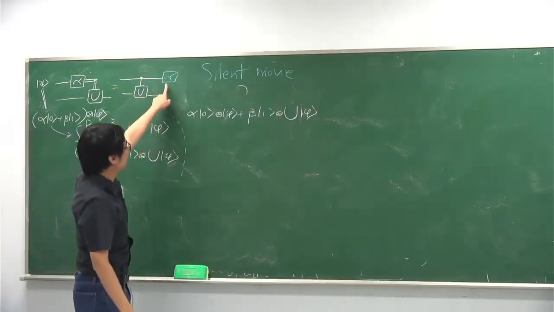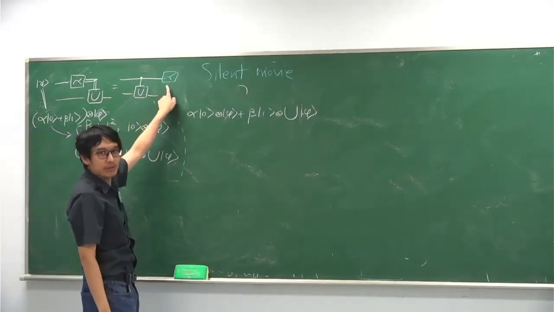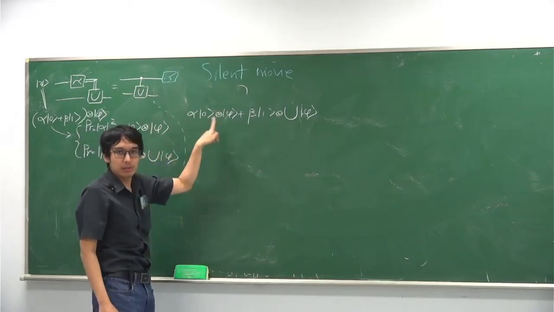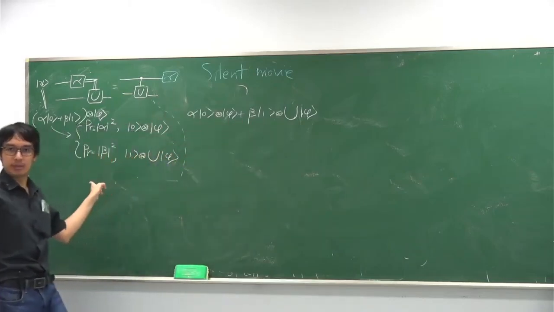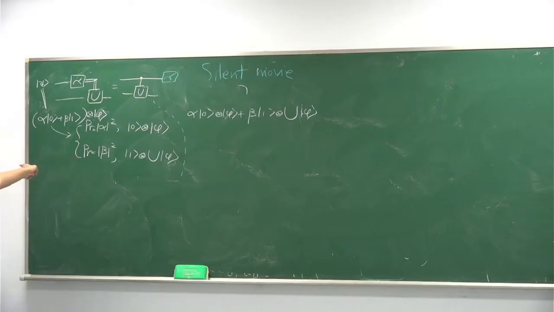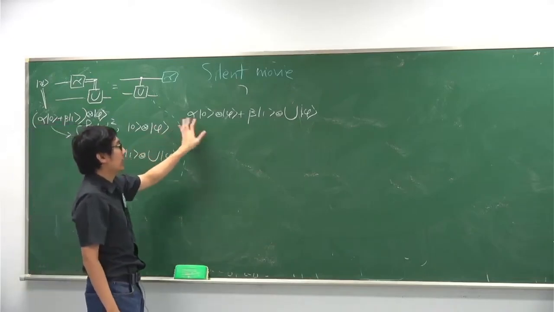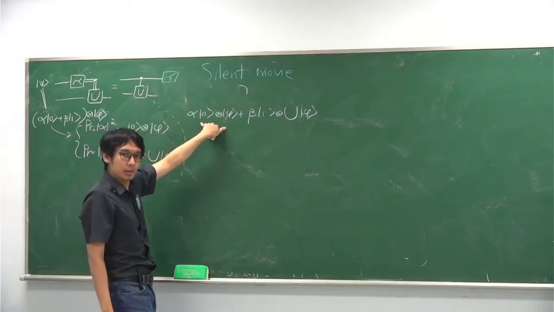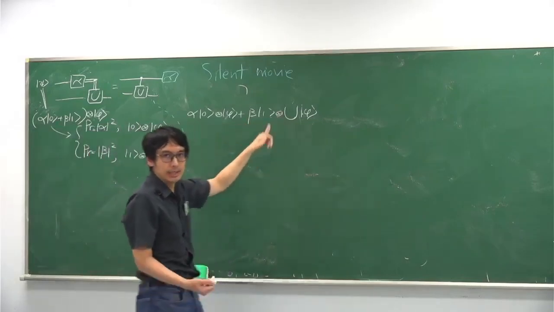Now if I measure the first qubit, maybe you can see it already, I get exactly the same thing as the first circuit. Because with probability alpha squared, I collapse the state to this term, and with probability beta squared, I collapse the state to that term.